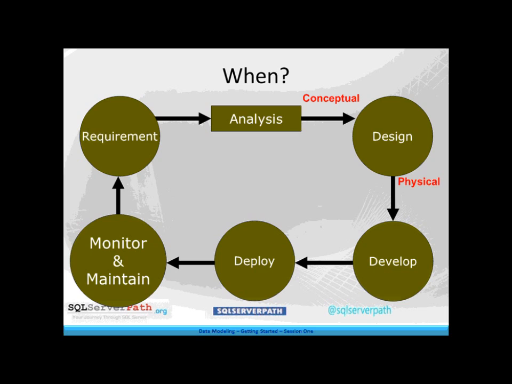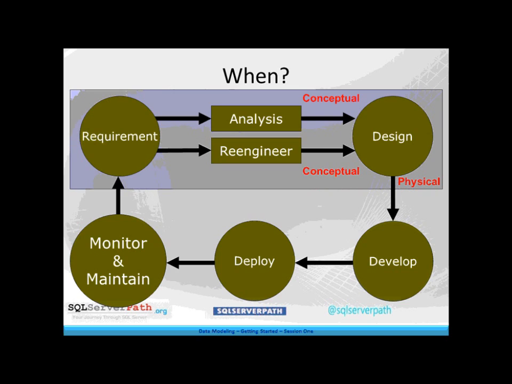What you are going to deliver is the physical data model. And of course, when they do re-engineering or enhancements, again they have to go through conceptual, logical, and then physical. So basically, a data model fits in the range from requirement, analysis, and design. This is the time where we are going to develop our data model.